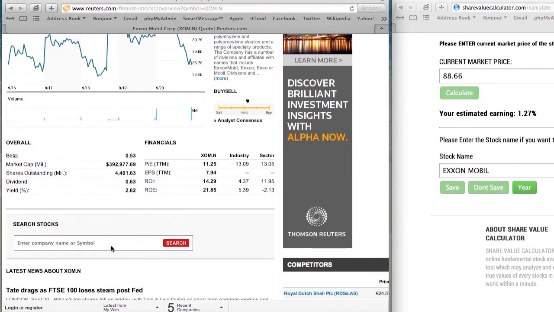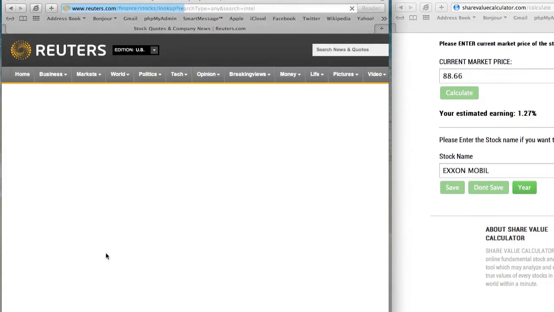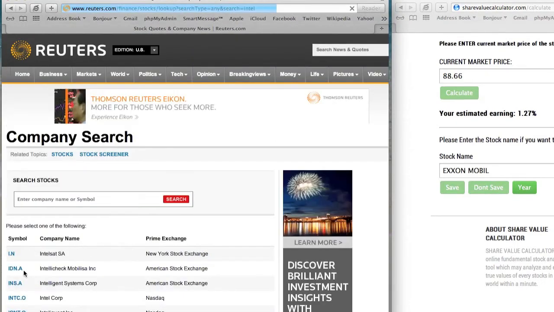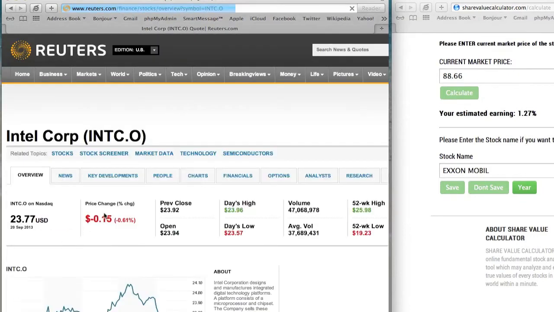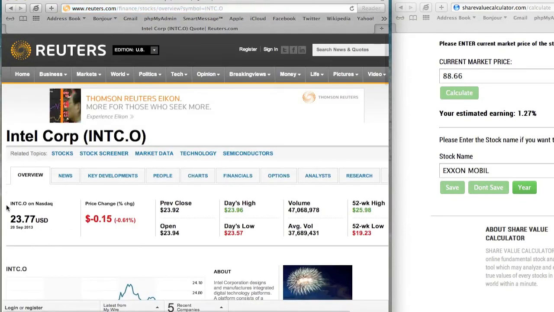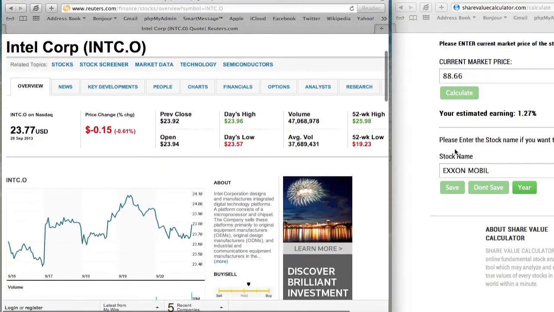Let's check for another well-known stock price such as Intel. Today's current market price of Intel is $23.77. Let's calculate the intrinsic value of this company.